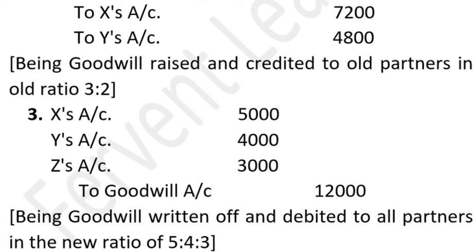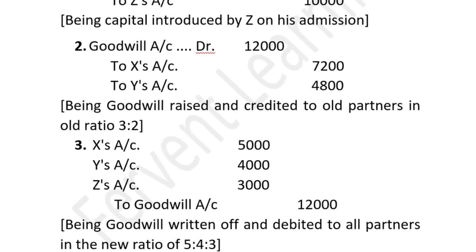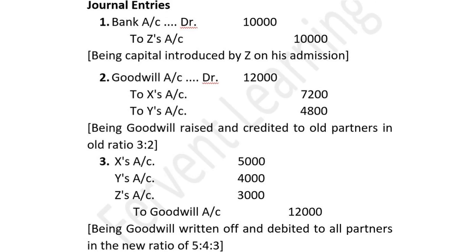So the amounts will be 5,000, 4,000 and 3,000. So if the new partner brings his share of goodwill, we simply credit all old partners' accounts in sacrificing ratio. But if the new partner fails to bring the goodwill amount, then we credit the full amount of goodwill amongst old partners in old profit sharing ratio and debit the full amount of goodwill amongst all partners in new profit sharing ratio.